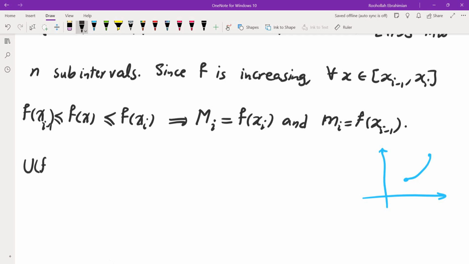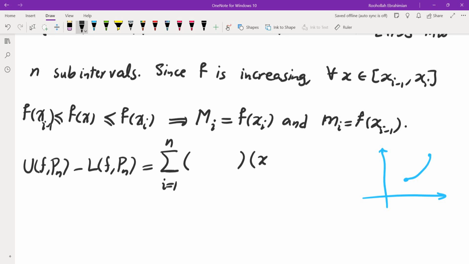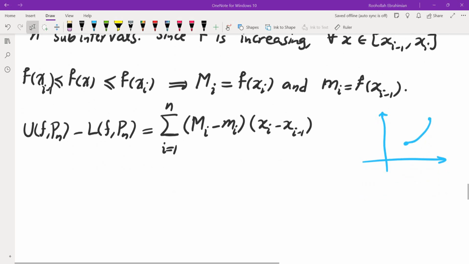Okay, so now we'll look at the upper minus lower sum, i equals 1 to n. Both of them have a factor of x_i minus x_{i-1}. One of them has capital Mi, the other one has lowercase mi.